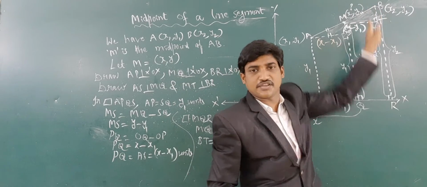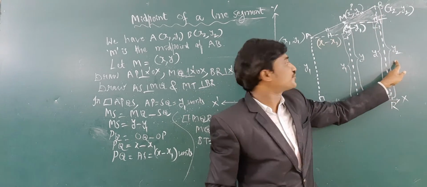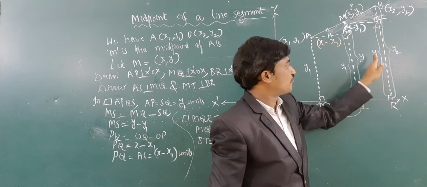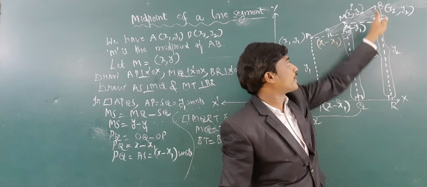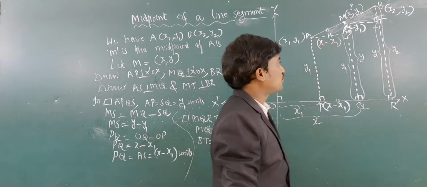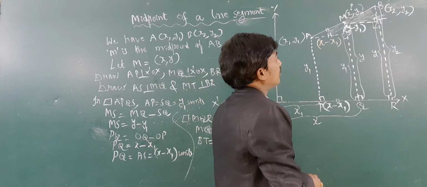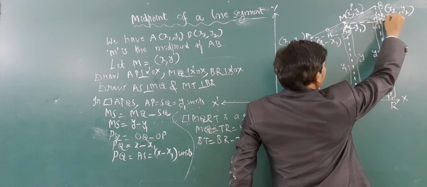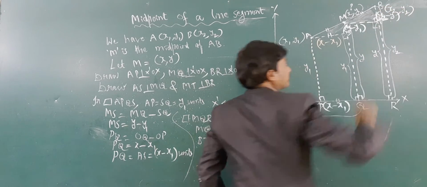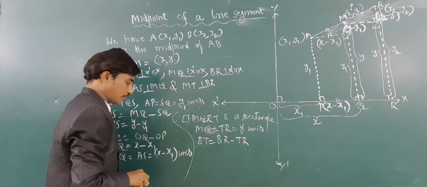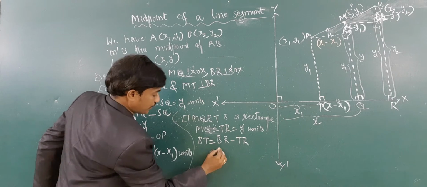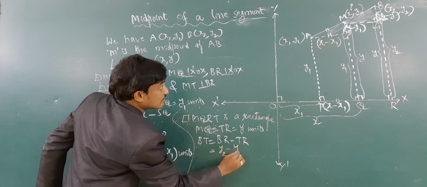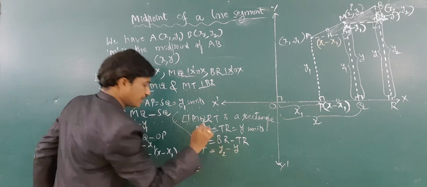Here, BR is y2 units and TR is y units. So BT is y2 minus y units.